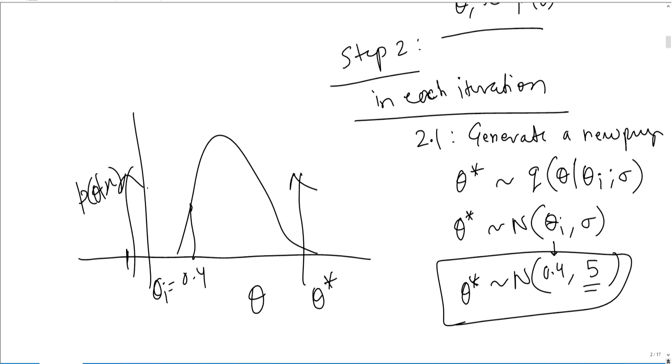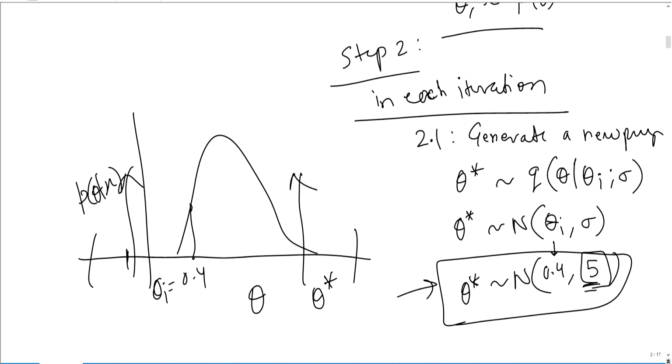So if you keep on generating from this particular proposal density, then it becomes like another independent distribution. This proposal density is not generating dependent proposals anymore. And when does this happen? When your standard deviation is too large. When the standard deviation is too large, you are randomly drawing samples in this parameter space.